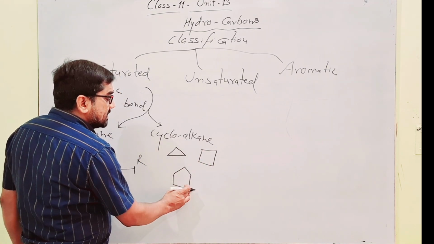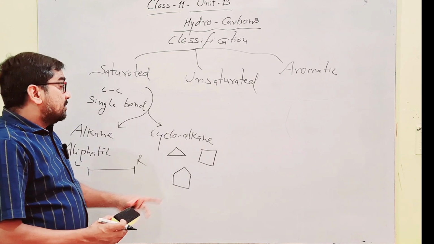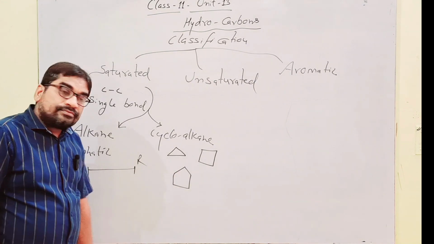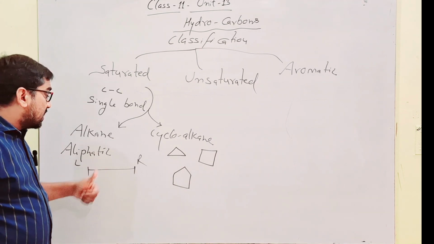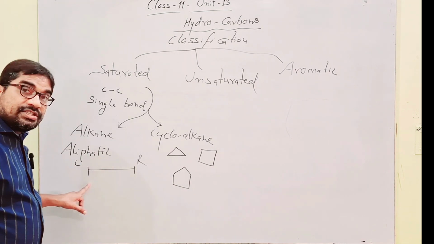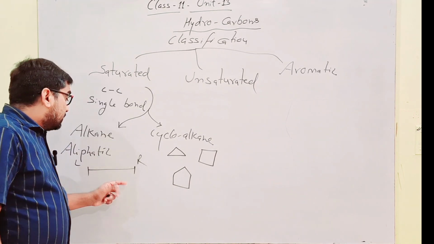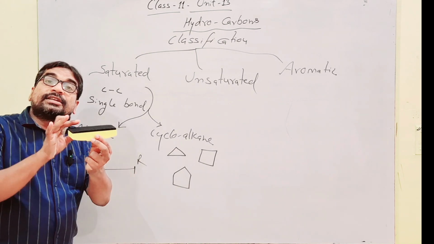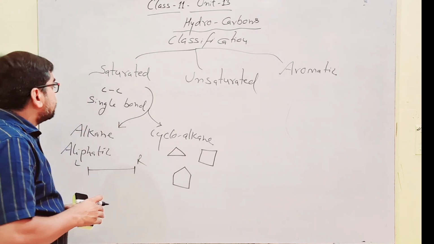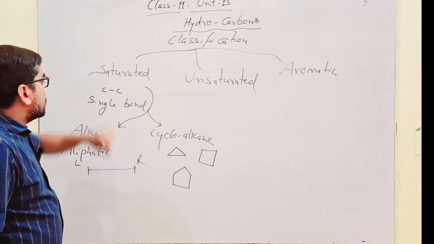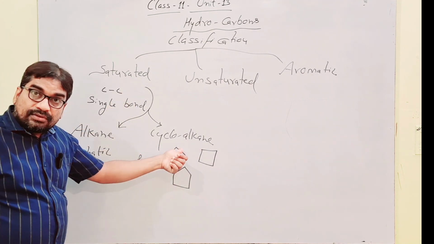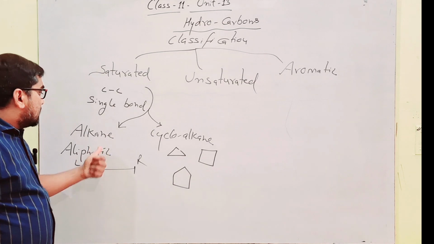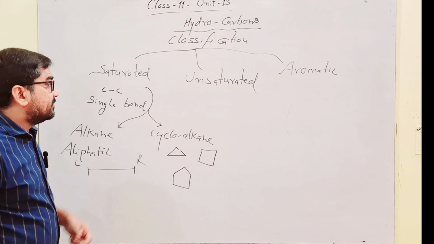So these are saturated hydrocarbons but ring structure, while alkanes, that is aliphatic hydrocarbons, are straight chain or open chain with both the ends completely free. So saturated hydrocarbons are classified as alkane and cycloalkanes. Alkanes are also called paraffins.